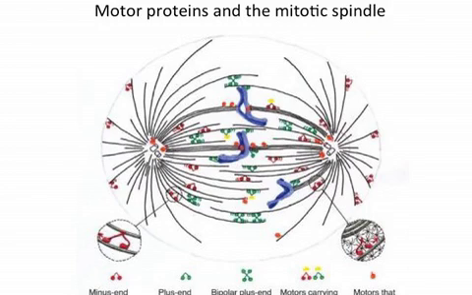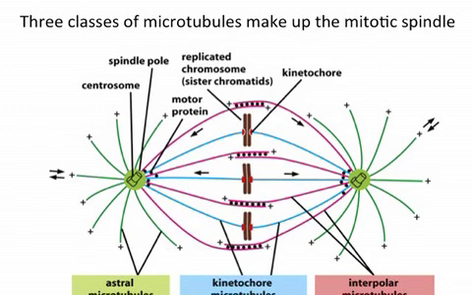So a big part of it is making sure they're in the proper place. There's a whole bunch of motor proteins involved, and you do not need to memorize them all.